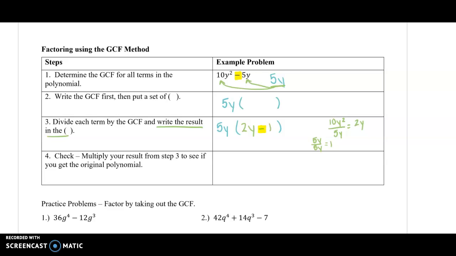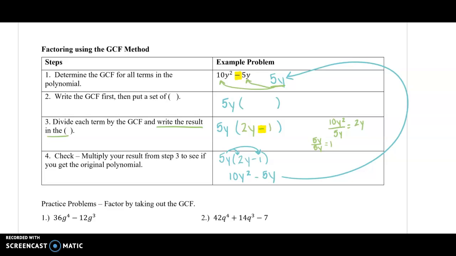So the final step that you would take here is you're going to check. You're going to multiply your result from step 3 to see if you would get the original polynomial. So if I were to take 5y times 2y minus 1, and I were to simplify it like we would have done before, I would distribute the 5y to both pieces, and I would end up with 10y squared minus 5y.